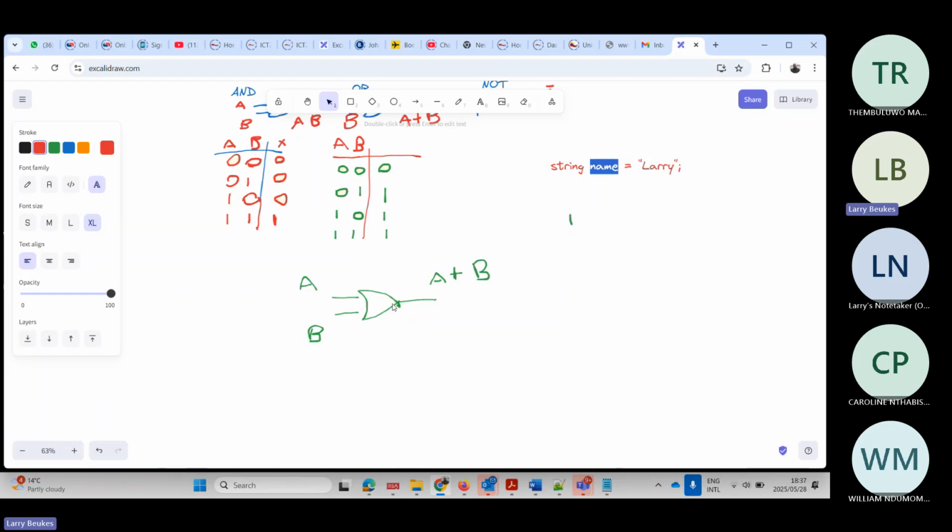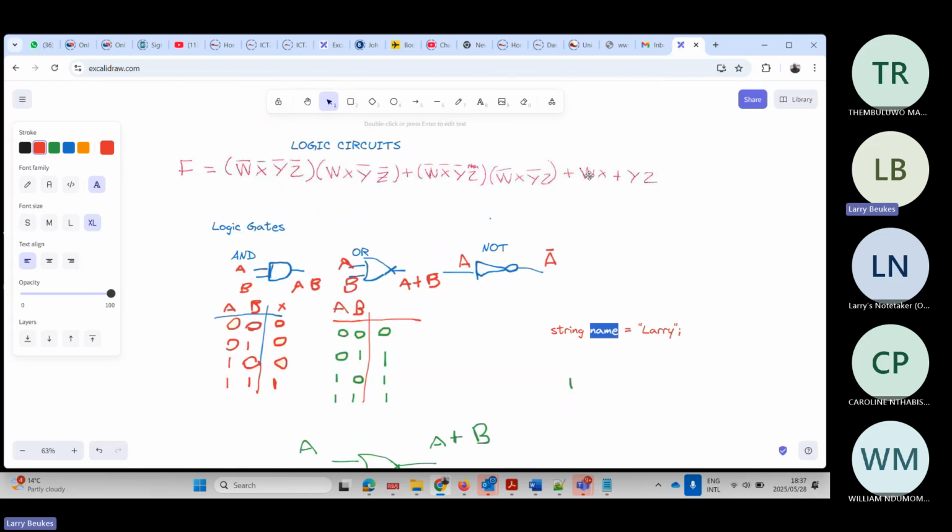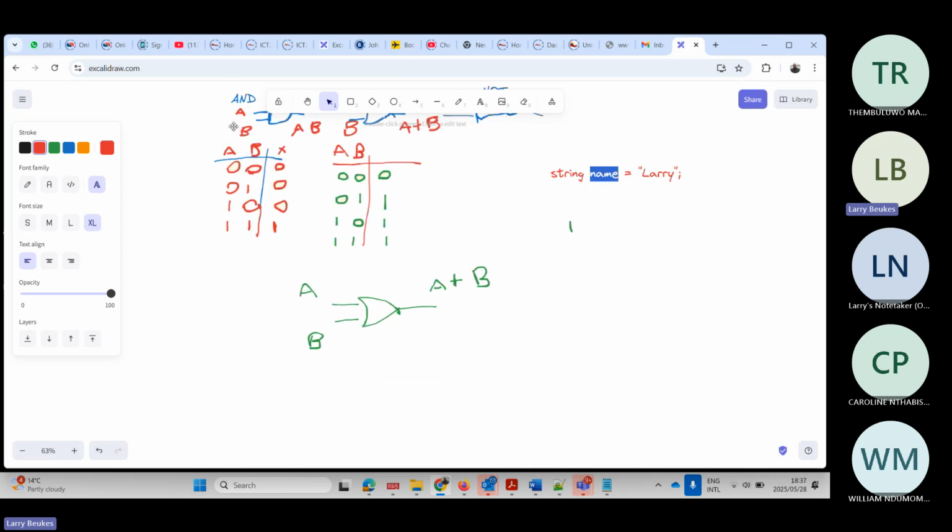I'm saying that because you won't get the logic circuit with A or B. You will get the logic circuit with, for example, WX plus YZ, right? So it means that even if there is WX here, this one is fine. WX, and then this is YZ.